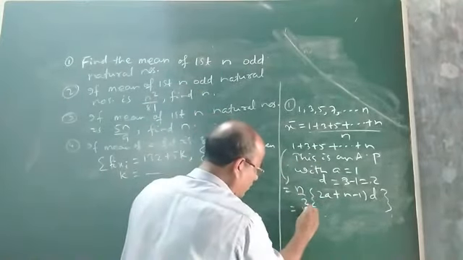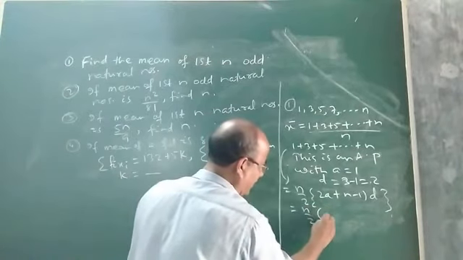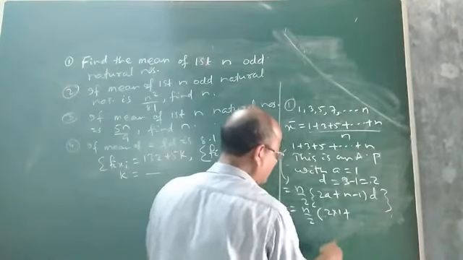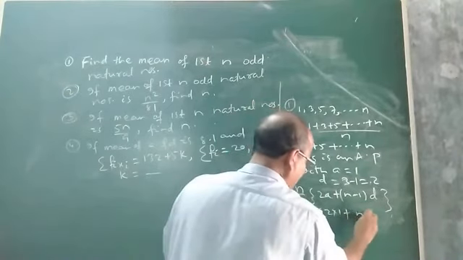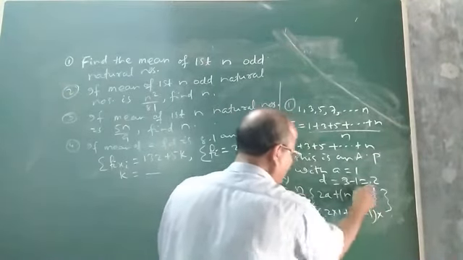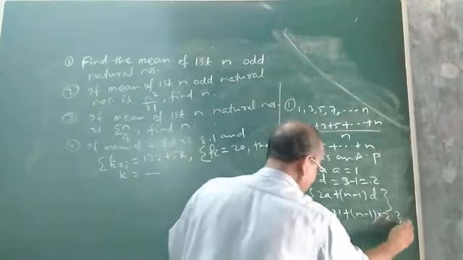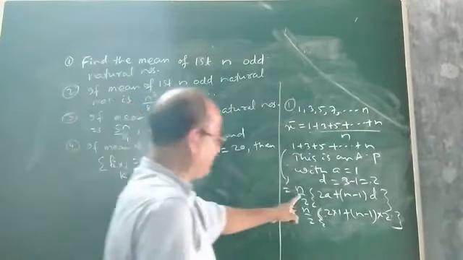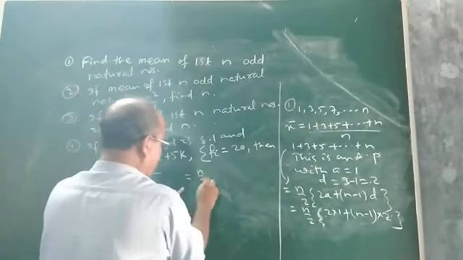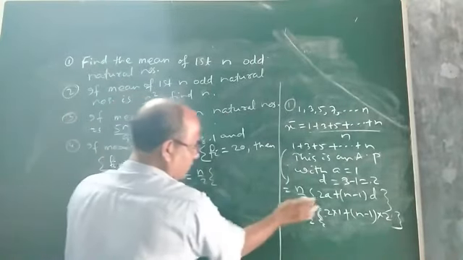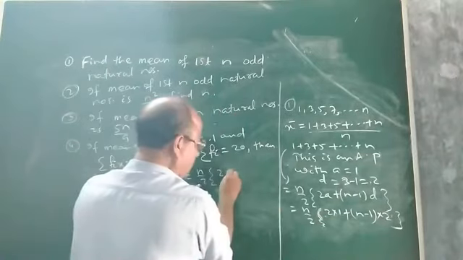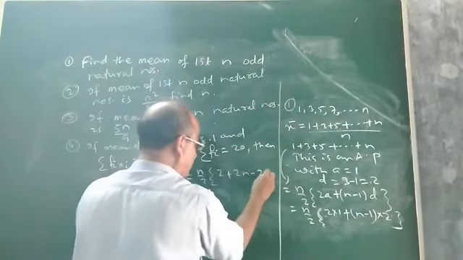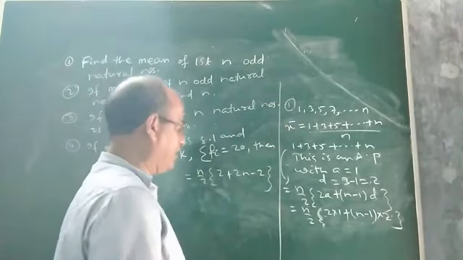We do not know n, so it will remain as it is. 2a means 2 into 1, plus n minus 1 into d, which is 2. So this will be equal to n by 2 into 2 into 1, which is 2, plus 2n minus 2.